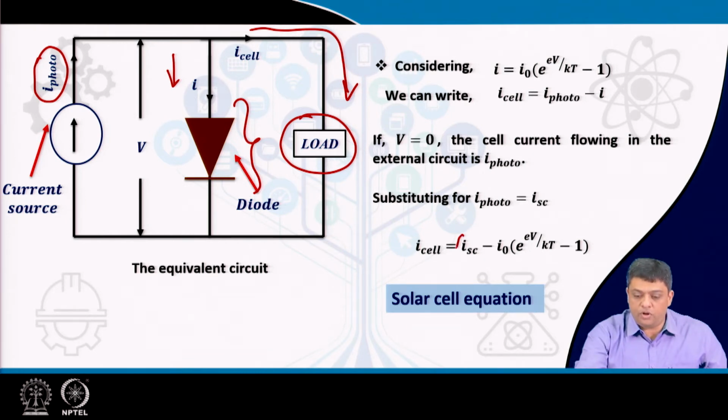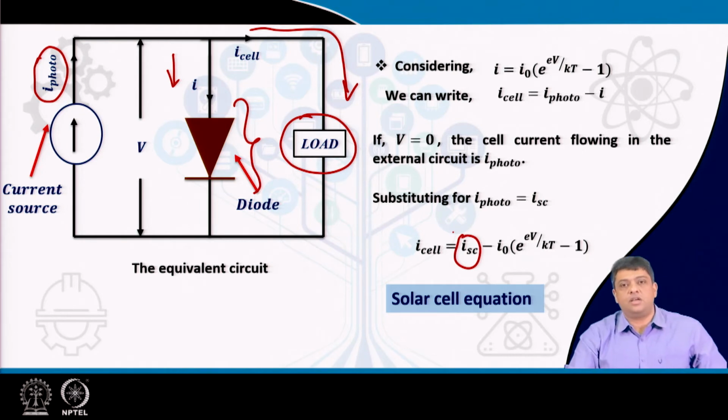So, before you start characterizing the solar cell, you must find out what is the short circuit current and the open circuit voltage.